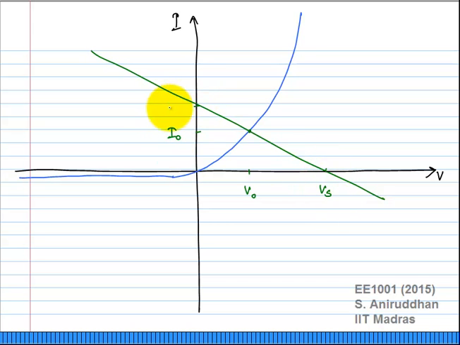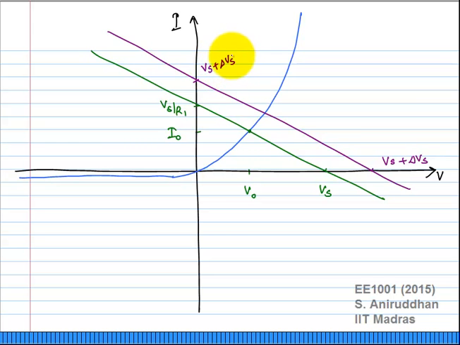This used to be Vs and Vs by R1, that is now changed to Vs plus delta Vs and Vs plus delta Vs by R1. I'll expand it out slightly. Okay, this is Vs plus delta Vs, and I'll also show the tangent here.